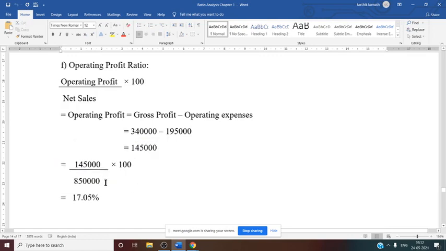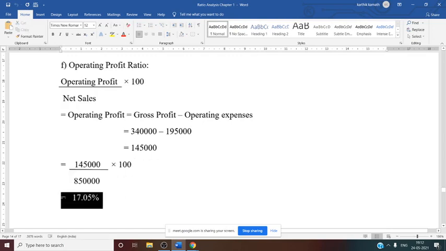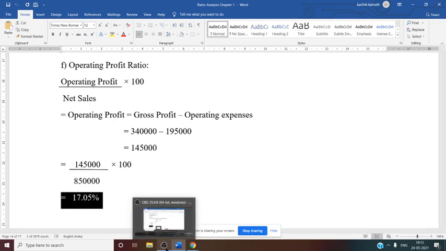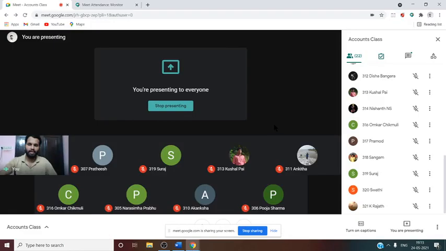With the help of this we can calculate the operating ratio, that is 1,45,000 divided by 8,50,000 into 100. The answer is 17.05%, or 0.17:1. So any doubt in this problem? This type of problem you can expect for 12 marks.